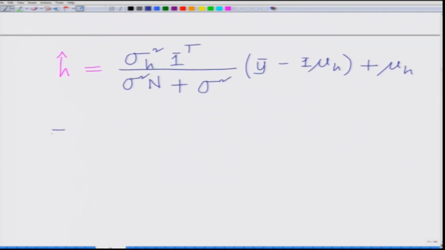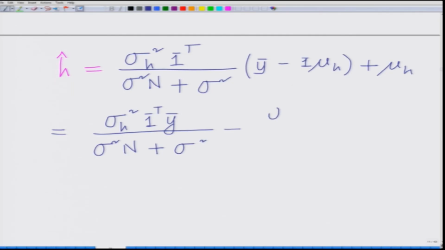Okay. And therefore, now look at this, I have sigma h square 1 bar transpose into y bar. So, that becomes sigma h square 1 bar transpose into y bar divided by sigma h square n plus sigma square, minus sigma h square 1 bar transpose 1 bar, that is n. So, this is sigma h square n times mu h divided by sigma square n plus sigma square.